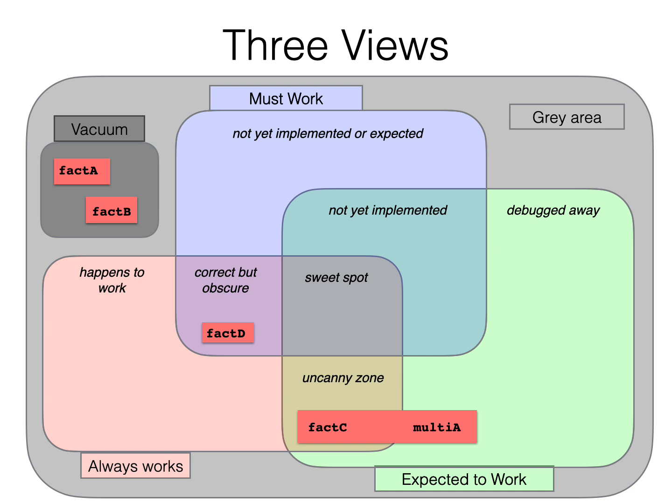So one thing is we could just declare what the implementation does to be the semantics, and that would include fact C. But the problem is that if you expect programs like fact C to work, you expect a program like multi-A to work, which it doesn't really matter.